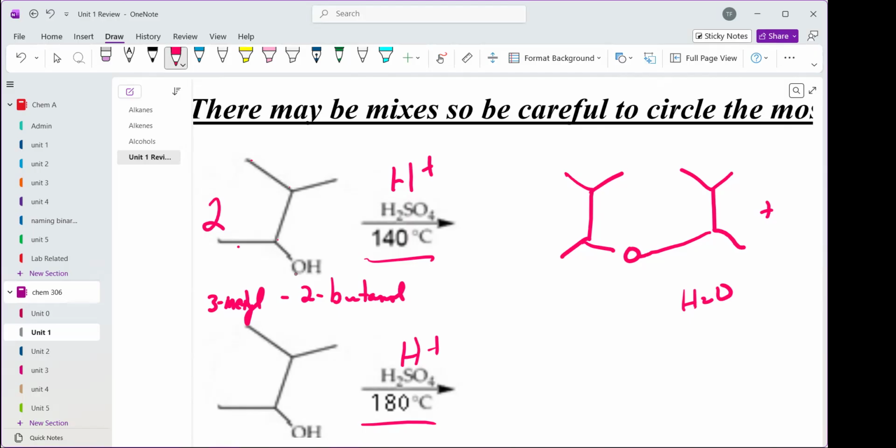So it's going to be 3-methyl-2-butanol. Okay, the ether.